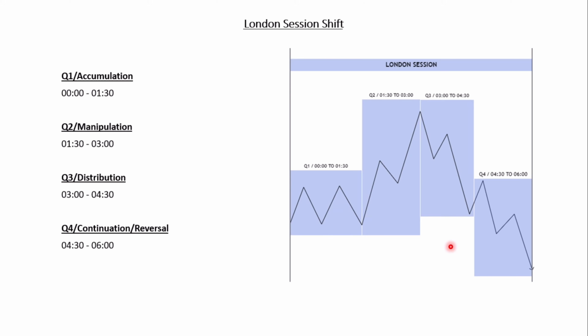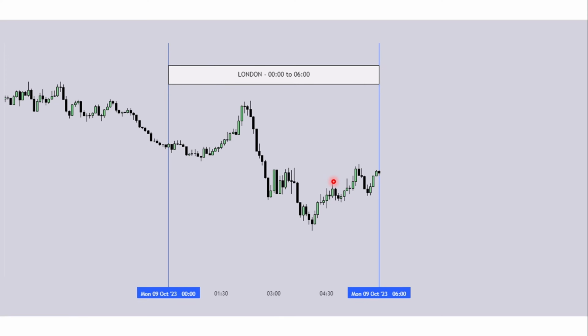So right now, I'm going to show you an example on pretty much live stagnant charts, right? That makes sense. So we've got our London session here, or our London kill zone. In simple terms, we divide a 24-hour range into quarters, right? And our first quarter is from midnight to 6 a.m. New York time, if that makes sense.